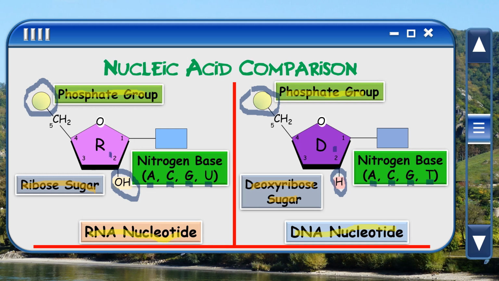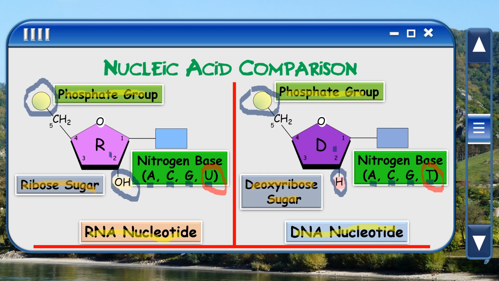So you will see that they have a difference. RNA has uracil, whereas DNA has thymine. That is the only difference in terms of nitrogenous bases.